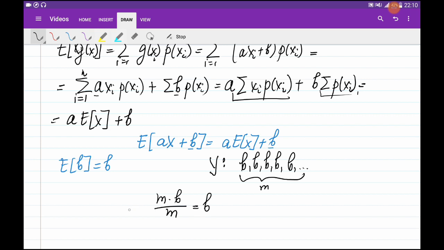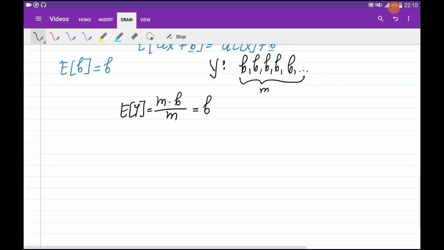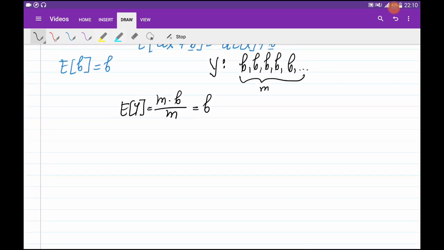So obviously the average of this random variable will be b; basically the average of a constant is the same constant.